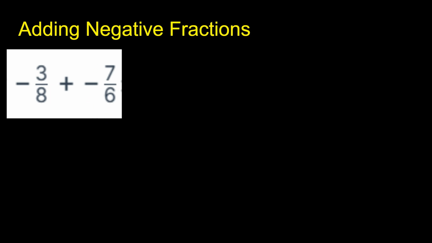All right. So how will we solve this? It's just applying the rules that we've learned when we were adding integers. Again, we have to list all the multiples of our denominators.